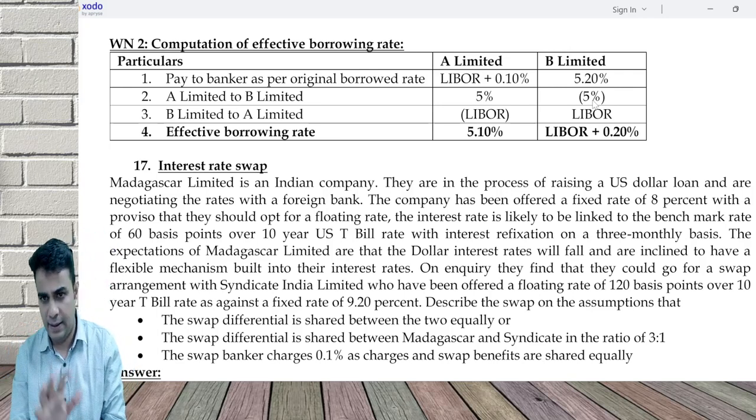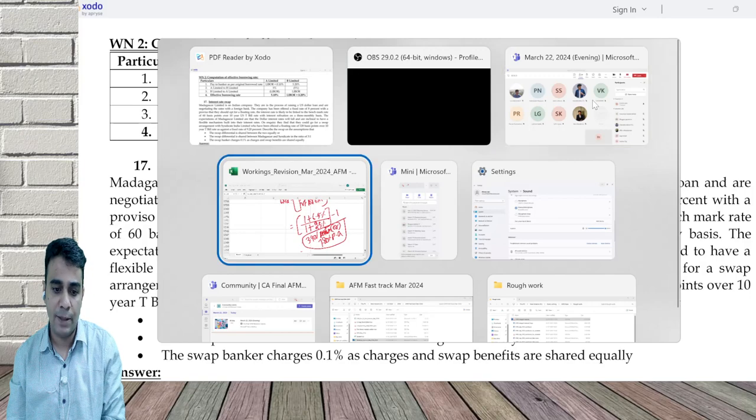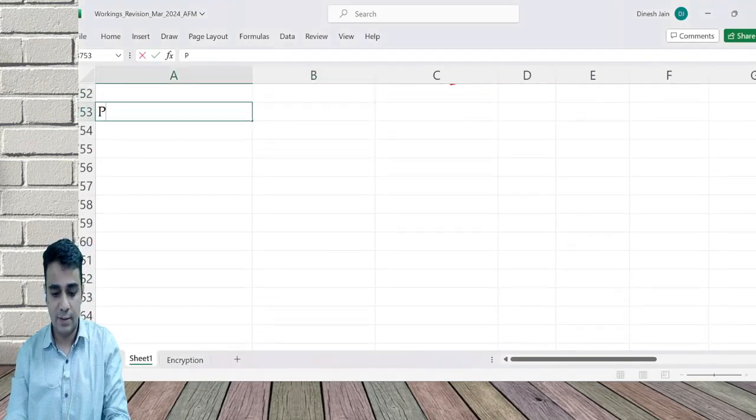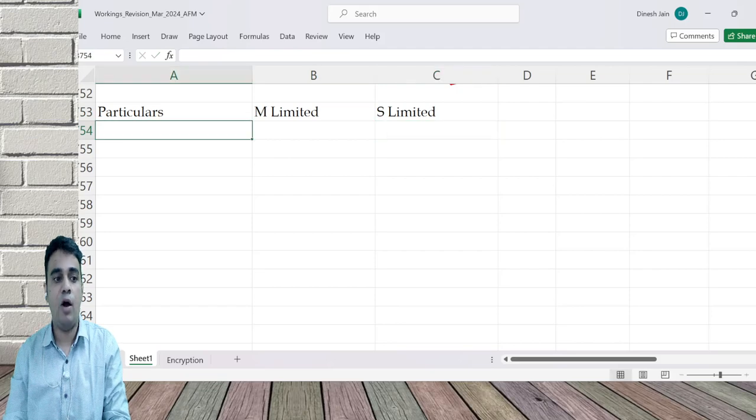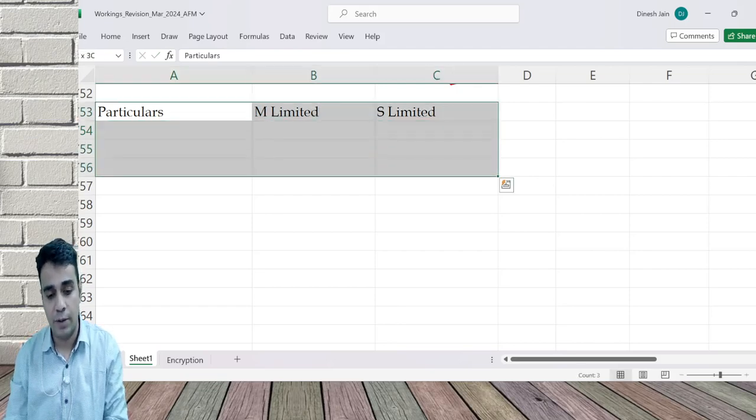Now, whatever data is there, I want to put it in one table form. You will tell me the numbers for the table. We'll do it together. Now, write particulars and two companies. Particulars. What are the two companies? M Limited, S Limited. Please write along with me. You will find this to be very easy if you write along with me.